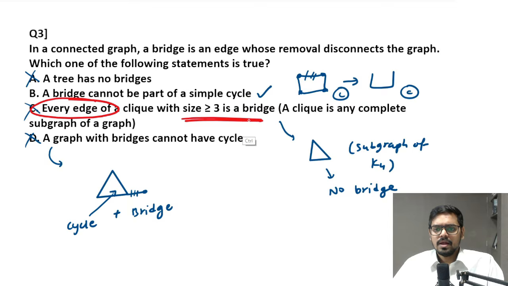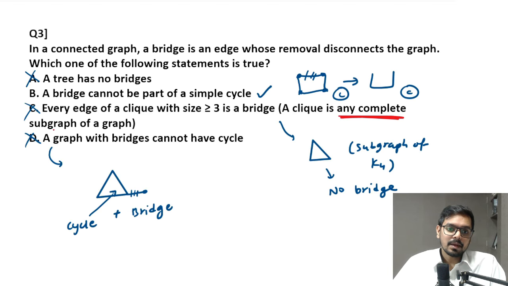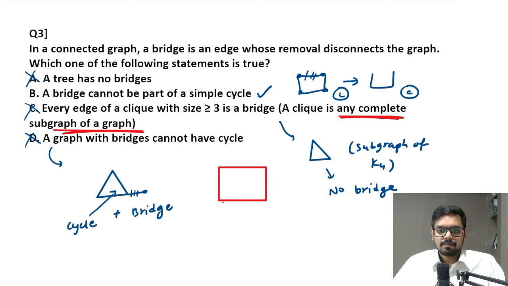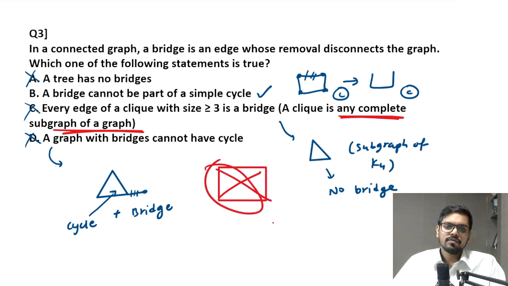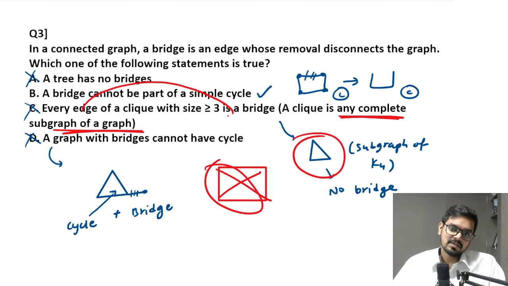No, because if you are saying a clique is any complete subgraph of a graph, if I have this graph, and you are taking a subgraph of this, a triangle, so a triangle is a cycle, and a cycle will never have a bridge, and you are saying every edge is a bridge.